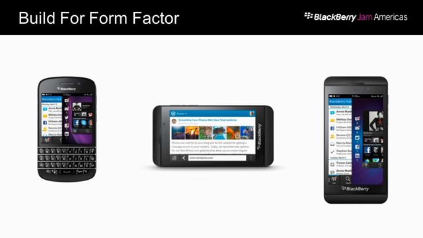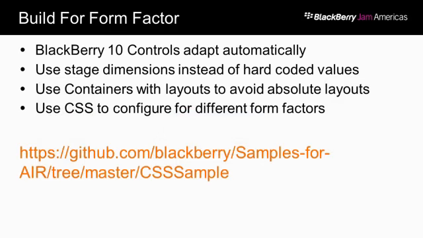So there are a few things that you can do that make it really easy with little code change. You can target all the different form factors, and any future form factor that comes out, you really shouldn't have to spend a whole lot of time writing new code to support a new phone or new device. So the BlackBerry 10 controls that we have in AIR in the SDK will adapt automatically.